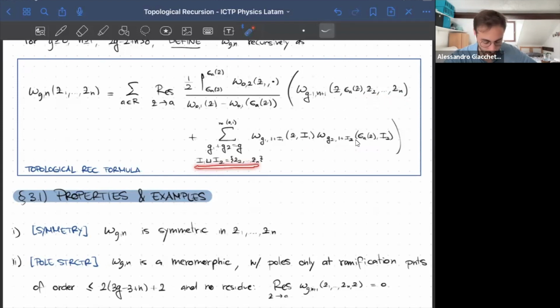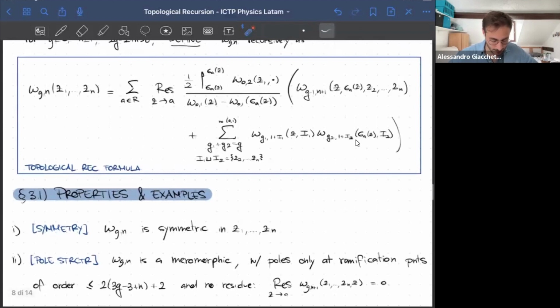Right here, you split them in all possible ways, and here they appear in a symmetric way. But z1 appears in a way that is completely different from all the other variables. But nonetheless, the property of these topological recursion correlators is that at the end they are all symmetric in z1 up to zn, and you can prove this recursively using their definition.